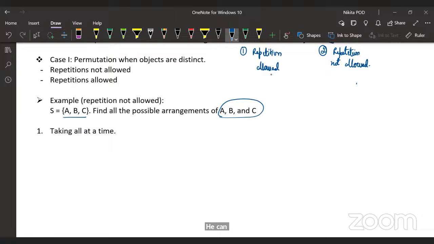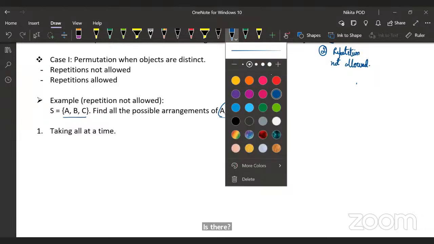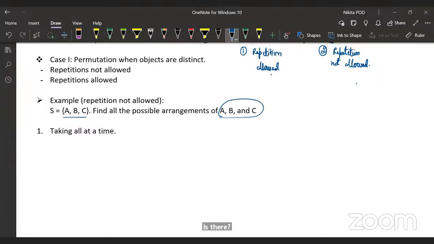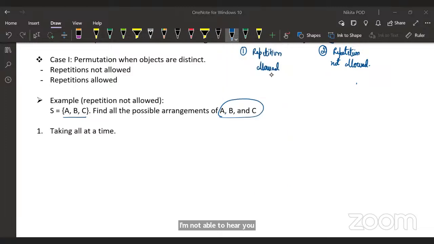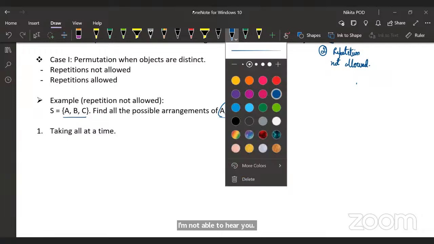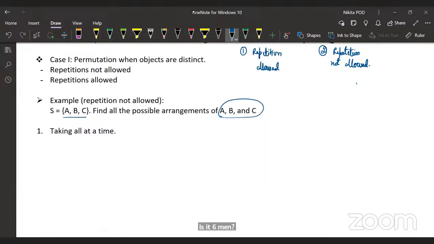Can you tell me what all possible cases you can have? Is it 6, ma'am? It is 6, but I'm asking what all arrangements are possible.